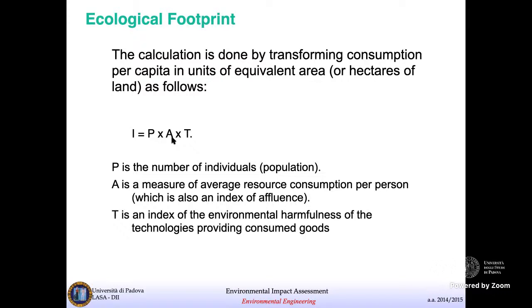So by simply making this multiplication, population times resources consumed times capability of producing waste of a technology, you obtain a numerical indicator that allows you to distinguish between different ecological footprints.